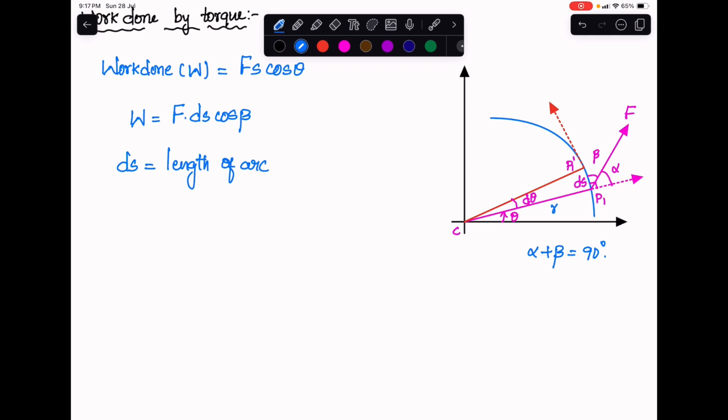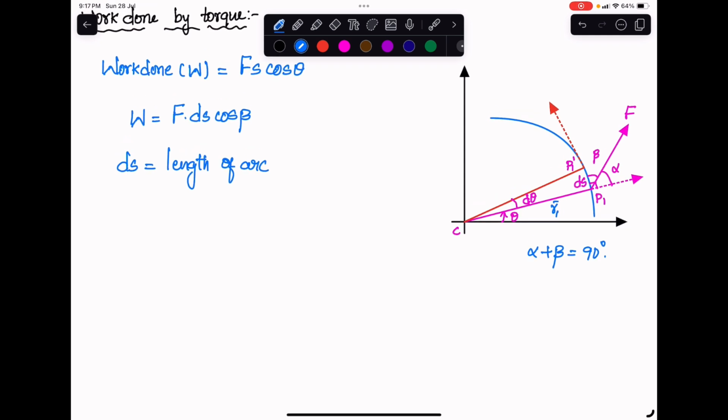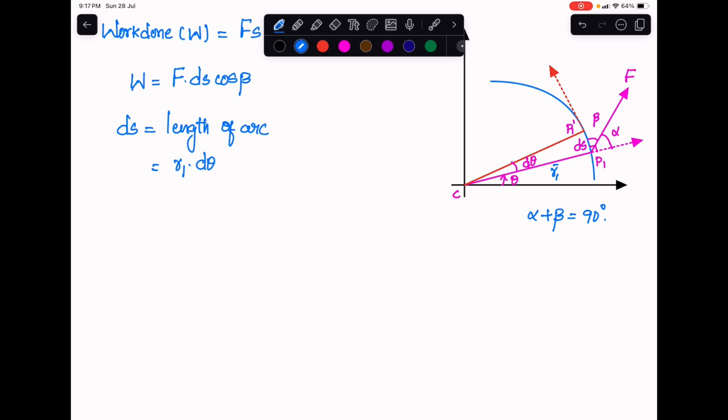So the position vector we already know, that is r bar. For one single particle, all terms are given as R1, P1, F1 and so on; I don't want to represent them again here. So the length of arc is R1 into d theta. These all are for the first particle only. Therefore the small work done is dw1 equals F into R1 into d theta into cos beta.